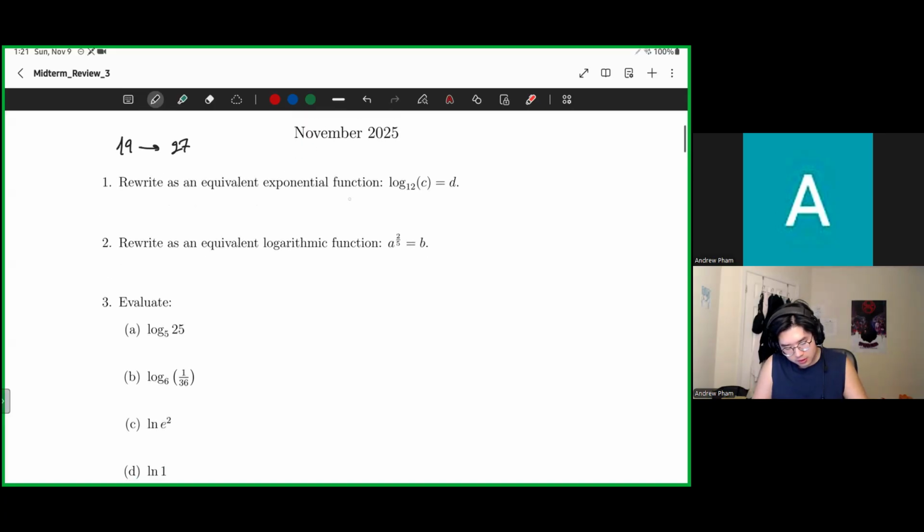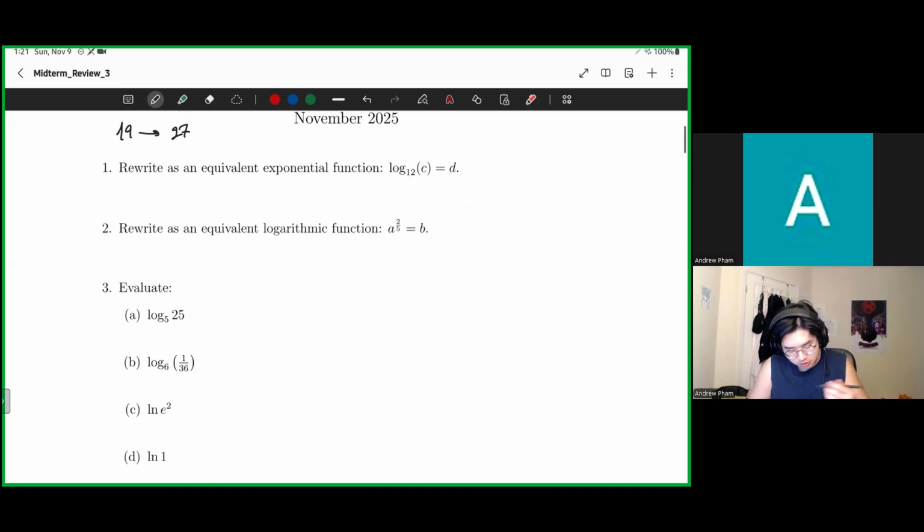We want to write this object in exponential form. We know we can do this because by the definition of logarithm, there is always going to be an exponential form. And the way we do so is going to be this, right? We're going to ask ourselves, what do we raise 12 to get the argument c?